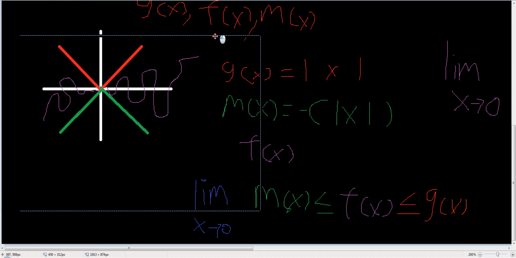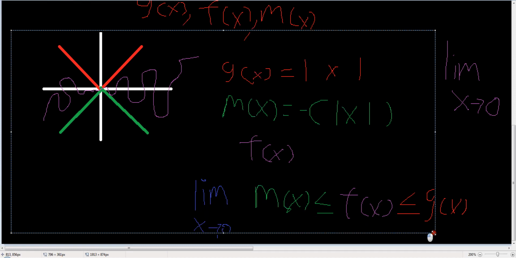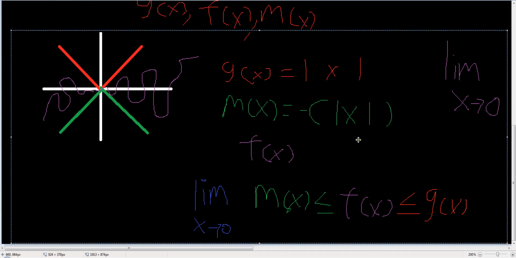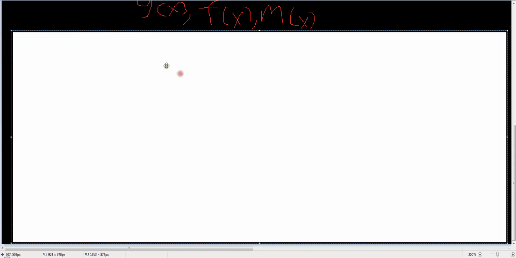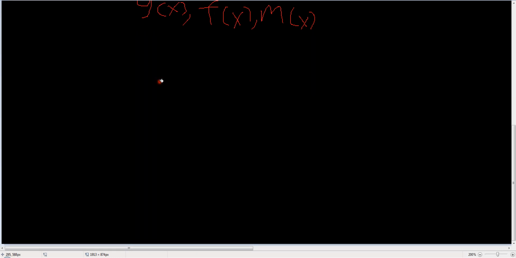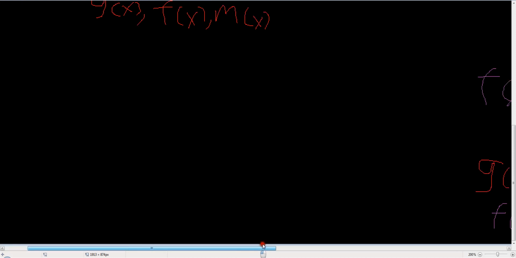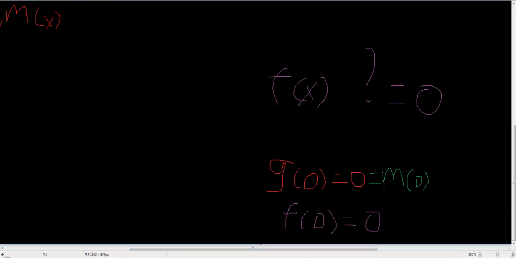I want to erase all of this and do another example. I don't like this color. Let me see if I can replace the color with black. I like it black. Oh, there you go. And we want to delete this too.